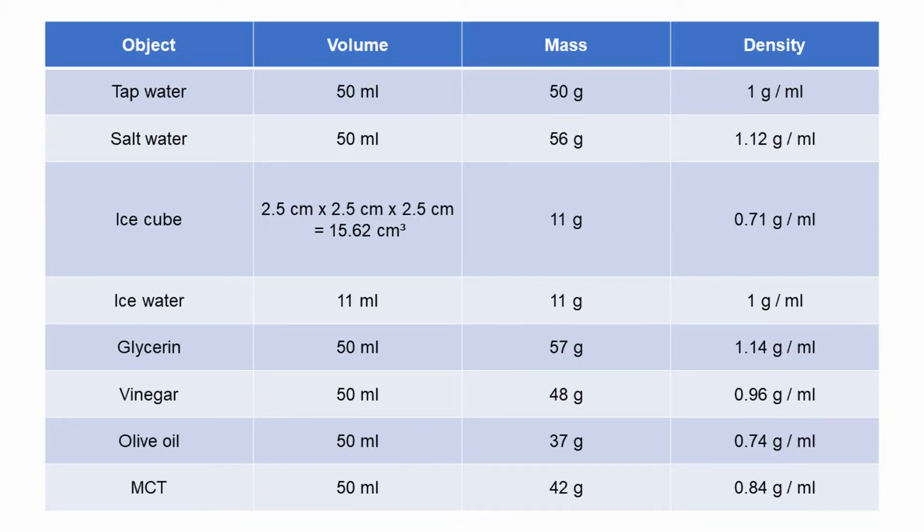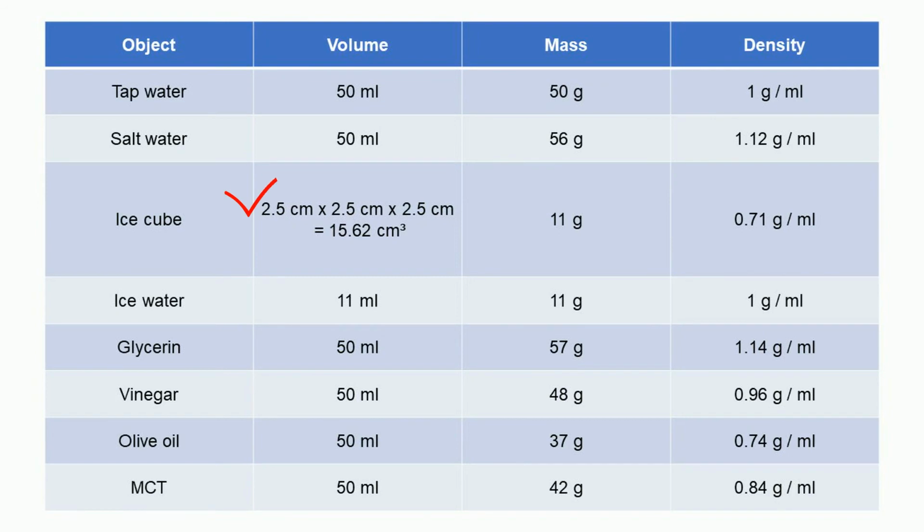So let's take a look at the density of all the liquids. The tap water, the volume of 50 milliliters, the mass was 50 grams, so the density was 1 gram per milliliter. The 50 milliliters of salt water was 56 grams. The density, 1.12 grams per milliliter.